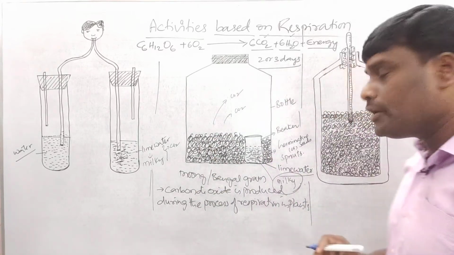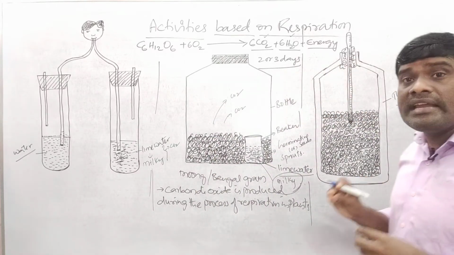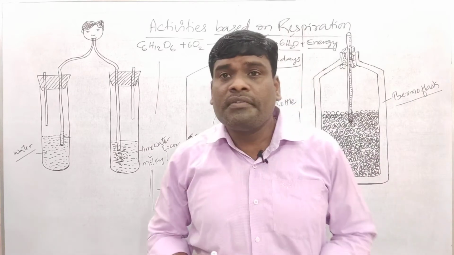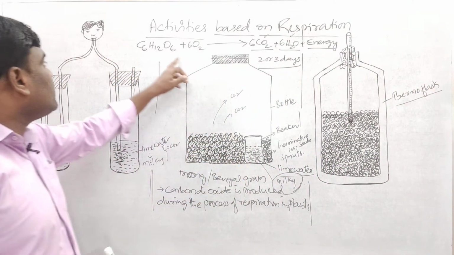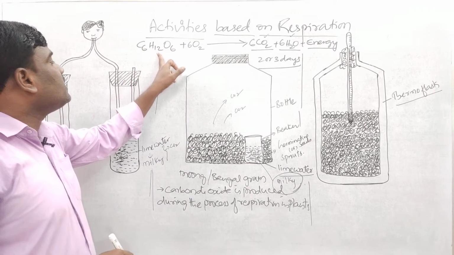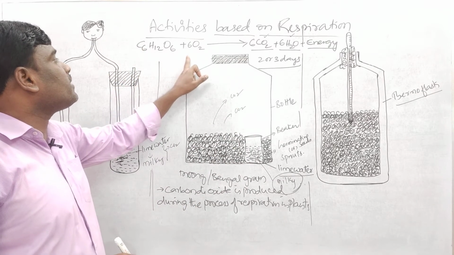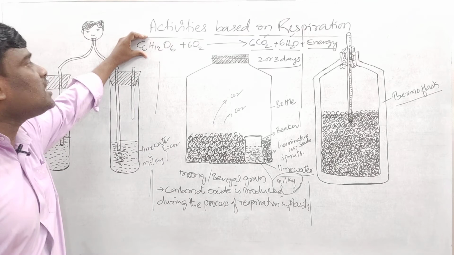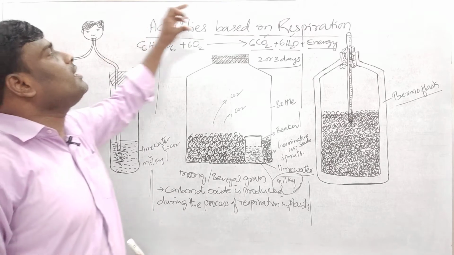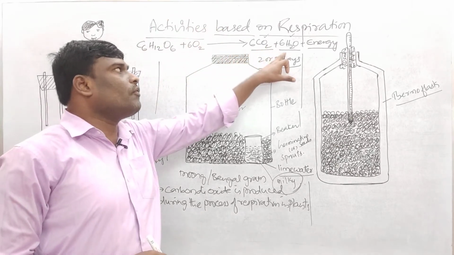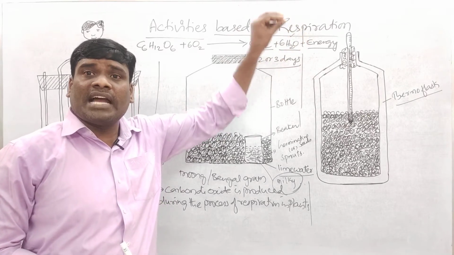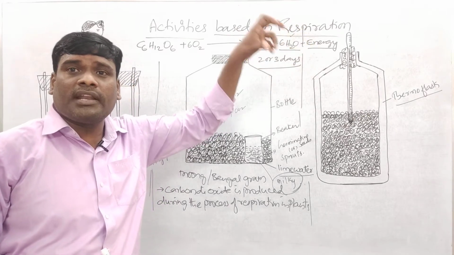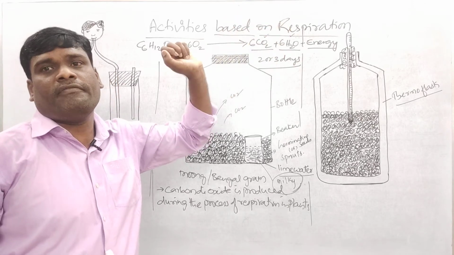We have already seen the respiration process in the form of an equation: glucose is broken down with oxygen into carbon dioxide, water, as well as energy. This energy is stored in the form of ATP.